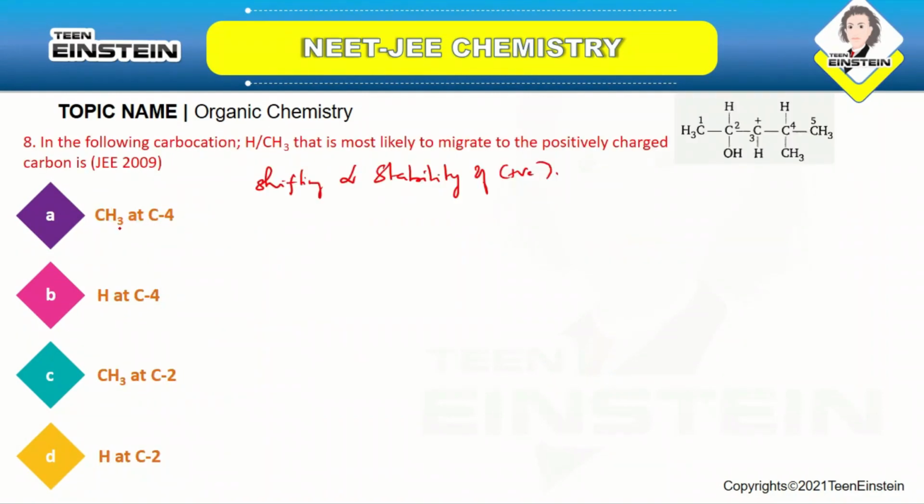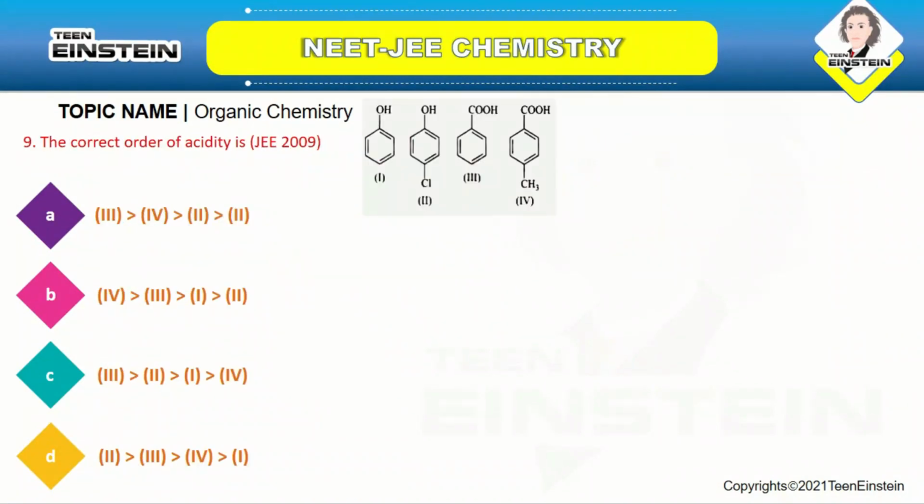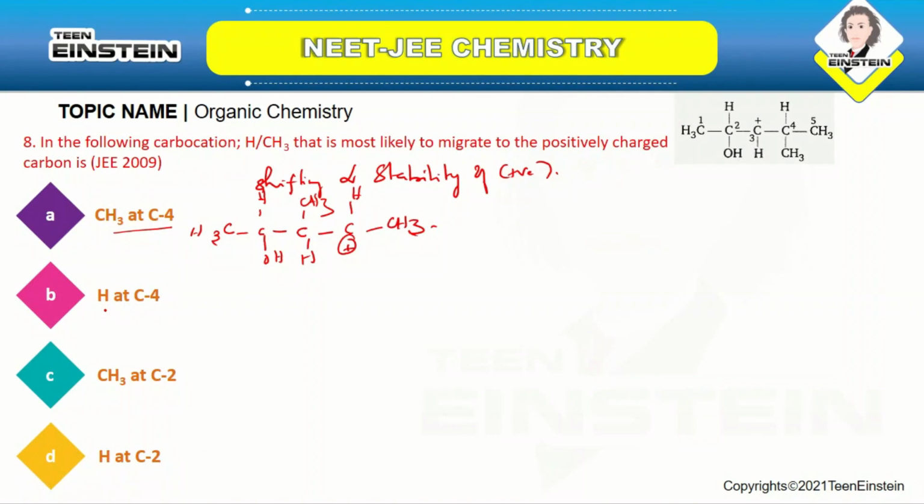First we take the shifting of the methyl group at C4. Here the methyl group at the fourth carbon is shifted to carbon 3, and we get CH3, CH, OH, CH3, H, CH. The positive charge comes at the fourth carbon. Next is hydrogen at C4.